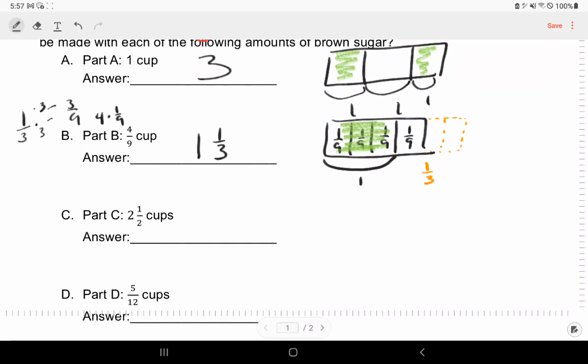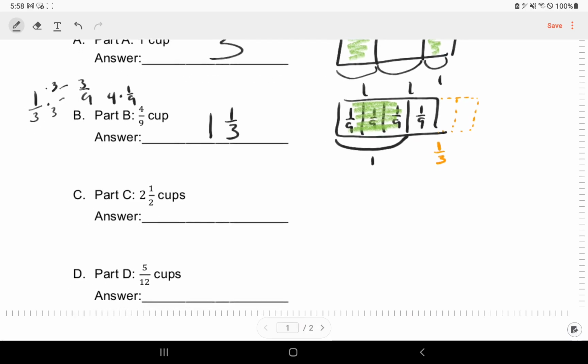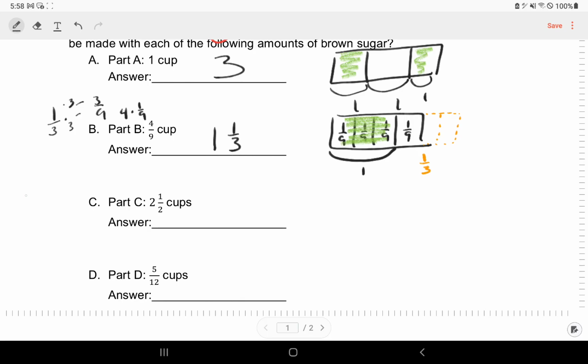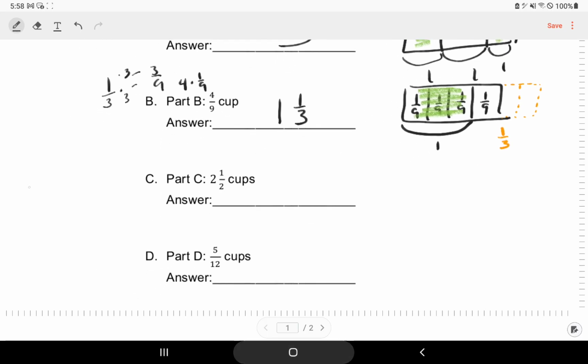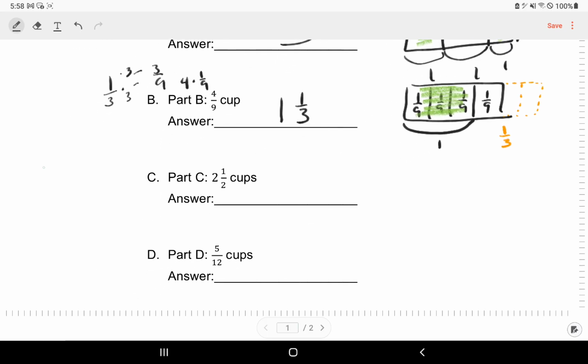Now, here we have half and 1/3. So for half and 1/3, well, two times 2 is 4, plus 1 is 5, so that's 5 halves. And we've got 1/3.